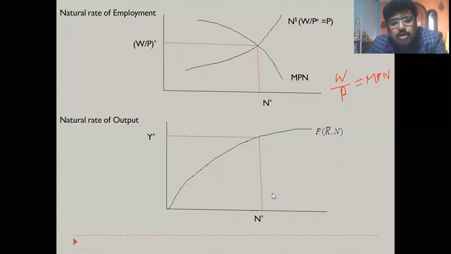Why is it possible in the short run? In the short run, it is possible because of imperfect information, as Keynes believed. As Keynes believed, in the short run, the labor suppliers do not have perfect information about the price level, about the inflation rate.